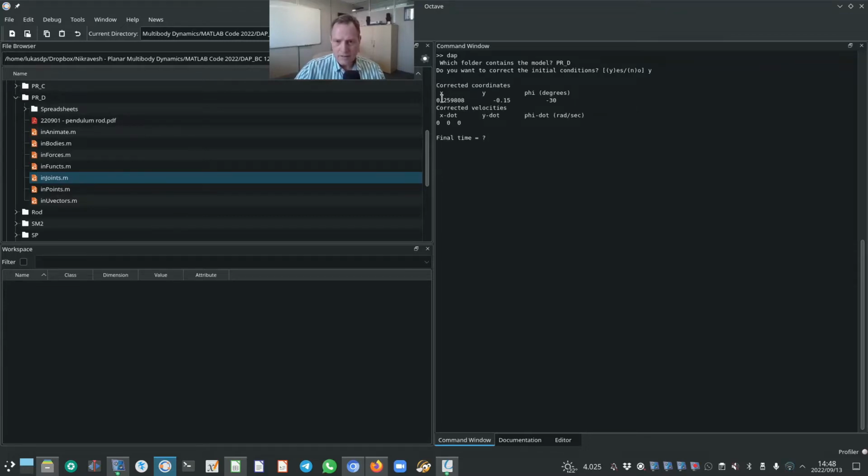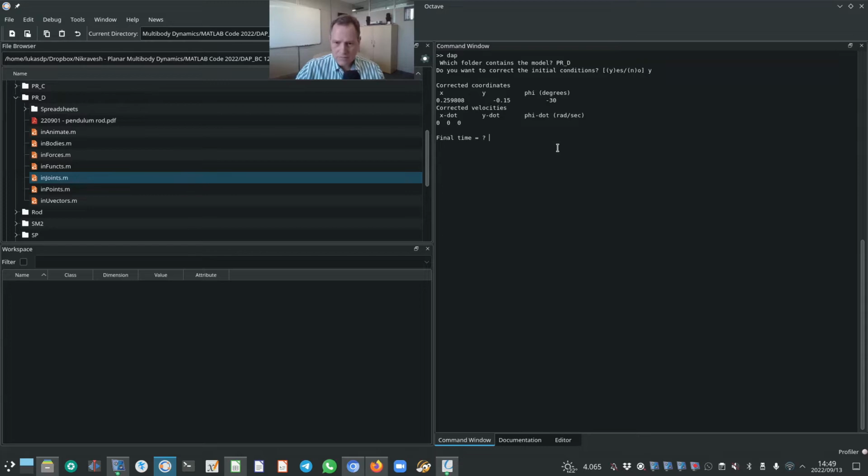So here you can see the corrected x and y coordinates are as expected, plus 0,259808 in the x direction, minus 0,15, and the initial orientation is minus 30 degrees. The corrected velocities are 0, 0, 0 for the x dot, y dot, and phi dot.